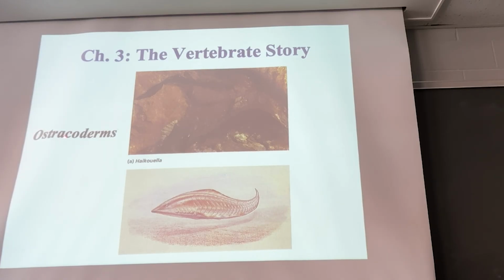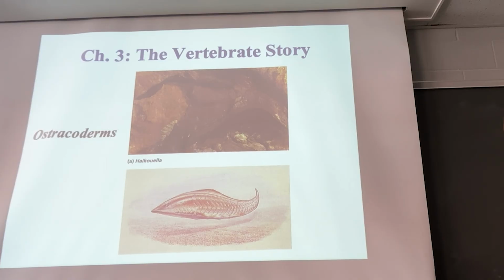And so this is a great name. Ostraca means bone, derm means skin, bony skin. So they had bone, really heavy plates of bone underneath their skin. And the skin in vertebrates does give rise to bone in a number of other groups or taxa of vertebrates. And this bone is obviously typically for protection, right?